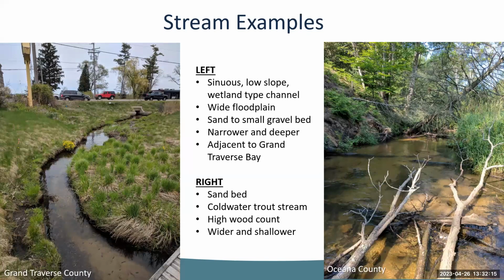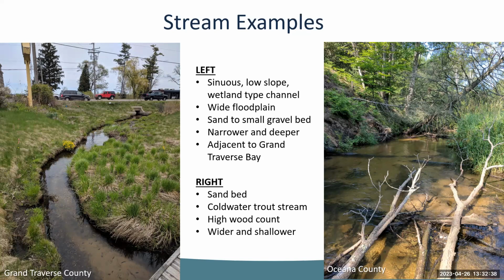So on the left, this is a sinuous, low slope, wetland type channel. It's got a wide floodplain. It's small, only a couple feet wide. You can see in the bottom the sorting of the materials in the bed. There's gravel and sand and silt substrates distributed throughout the channel.